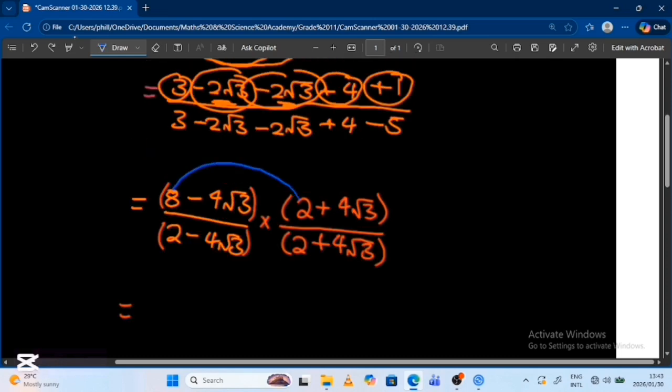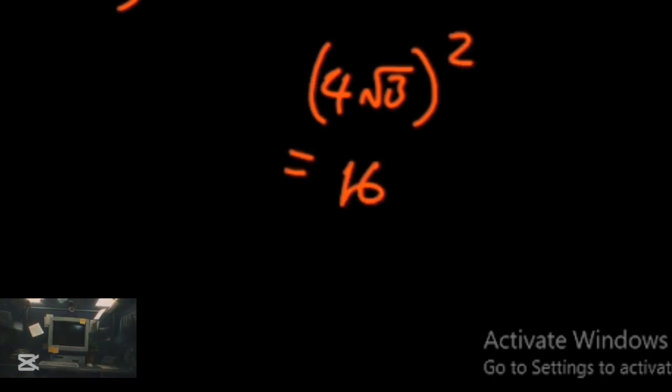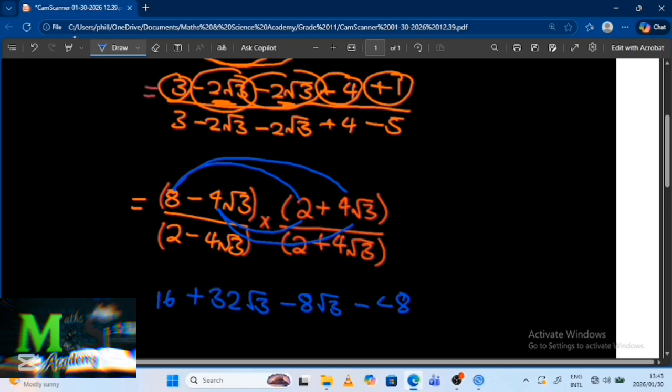Now we're going to multiply throughout using the FOIL method. 8 multiplies 2, giving us 16, and 8 multiplying 4 root 3 gives us 32 root 3, and negative 4 root 3 times 2 gives us negative 8 root 3, and negative 4 root 3 multiplying positive 4 root of 3 gives us 4 root of 3 all squared, which is 16 times 3, which is equal to 48.